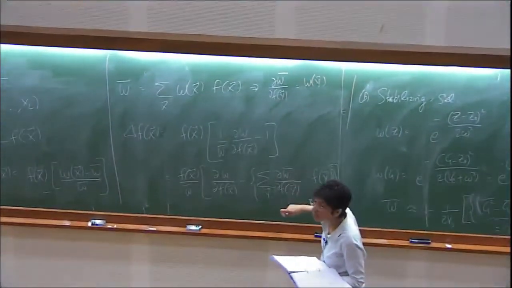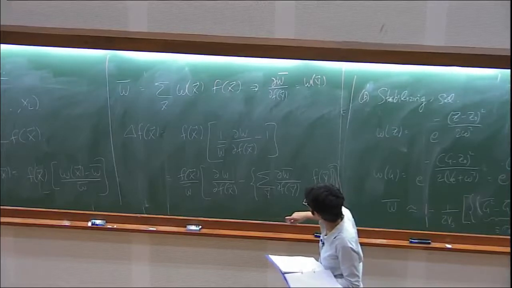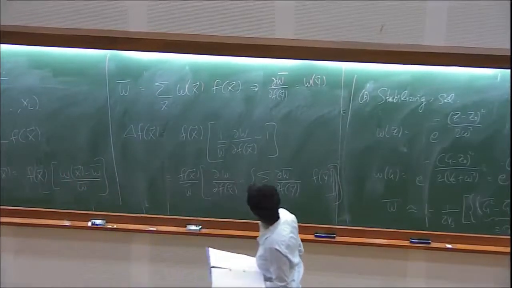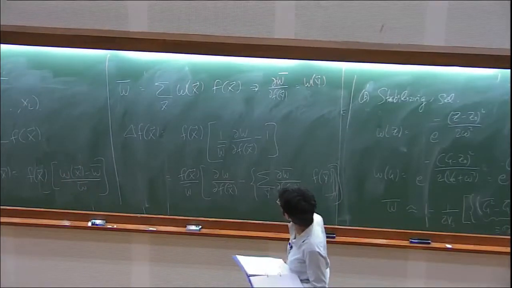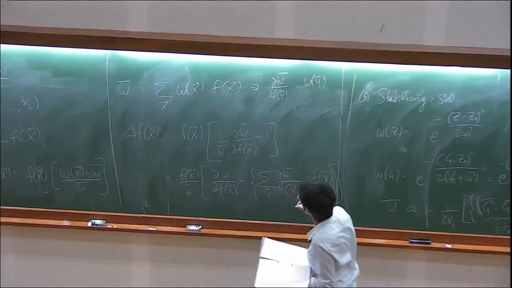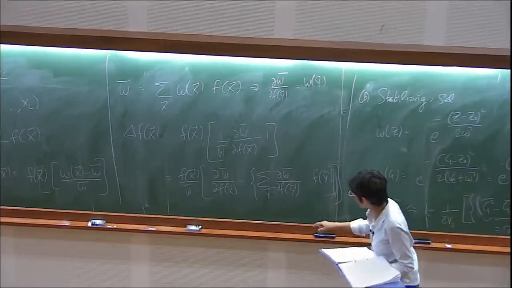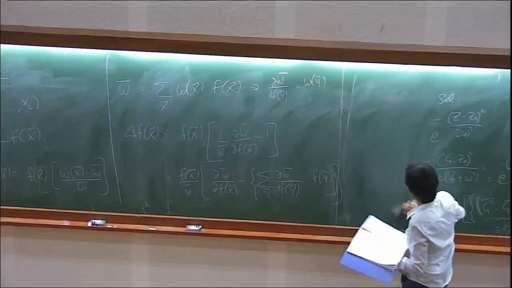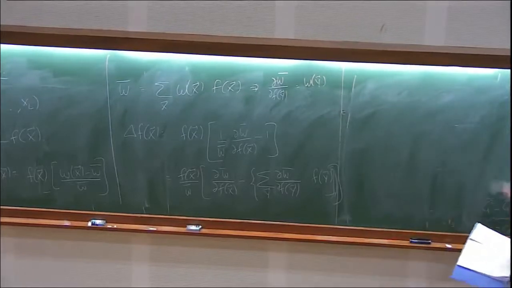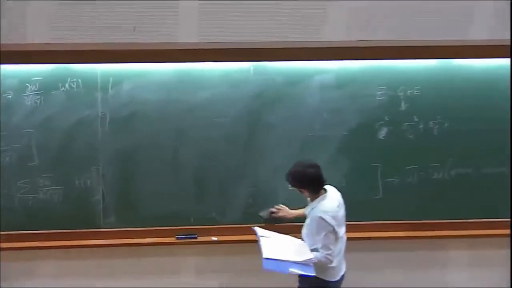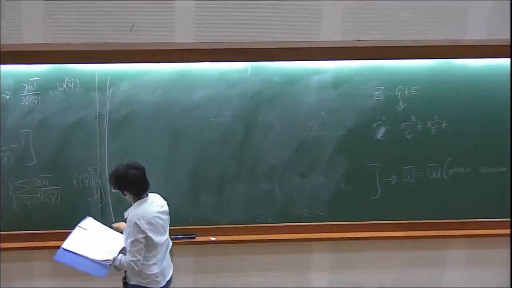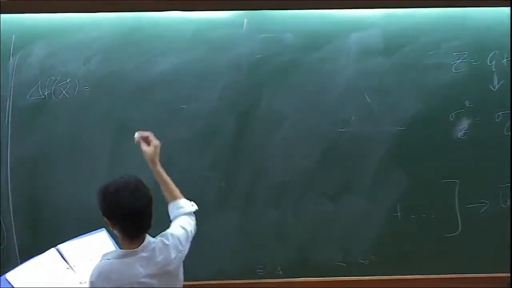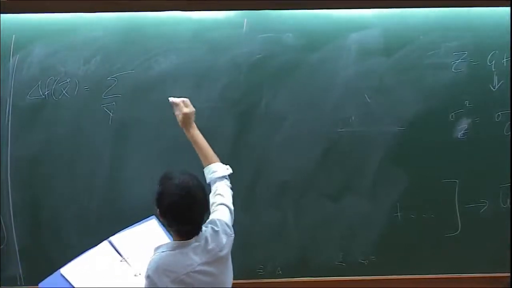This is W bar. This is the W bar here, no? Oh, okay. Yeah, thanks. Right. Okay. So I just, using this, putting this guy in, and this you can just check. There's a delta.